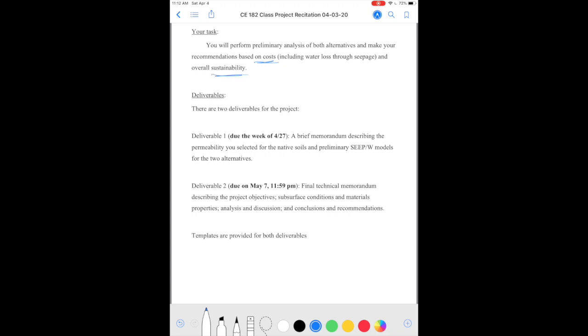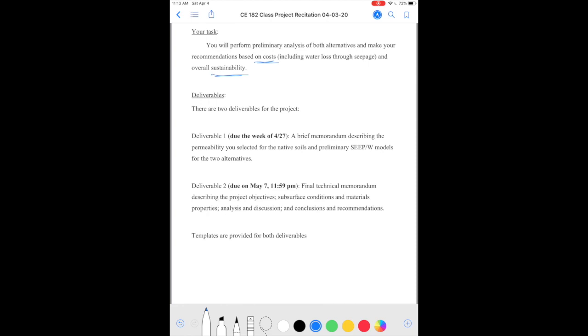And for sustainability, you will account for economic impacts, and you have been given economics related to the construction and water loss. And then there are obviously social impacts and other things that you could consider.